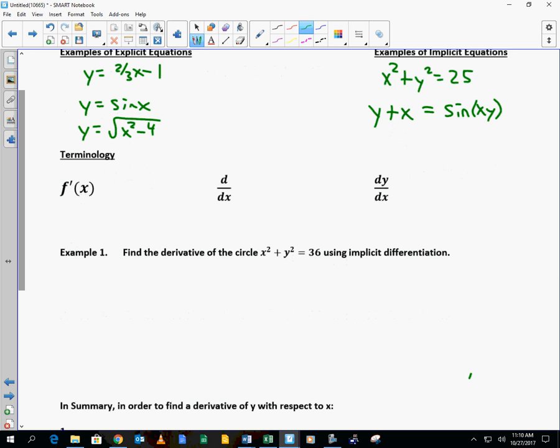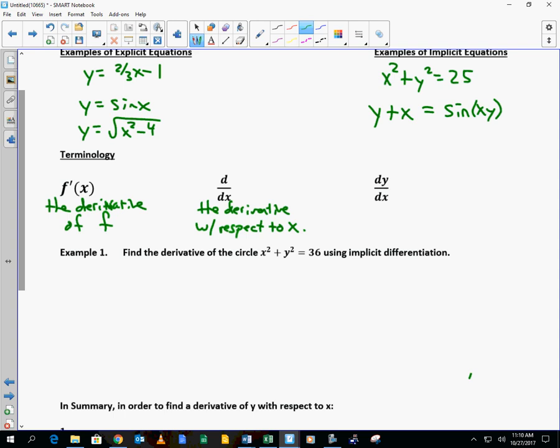This means the derivative of f, the function. This is terminology for the derivative with respect to x.